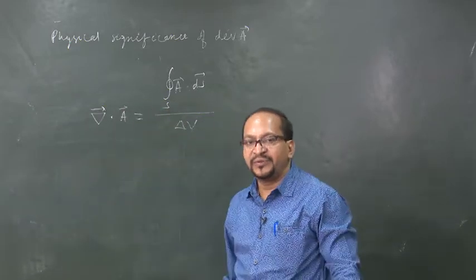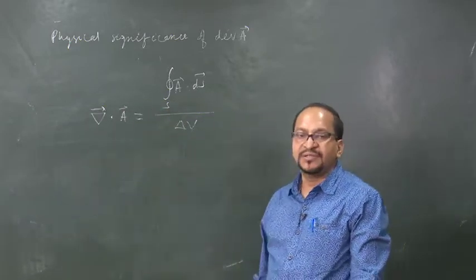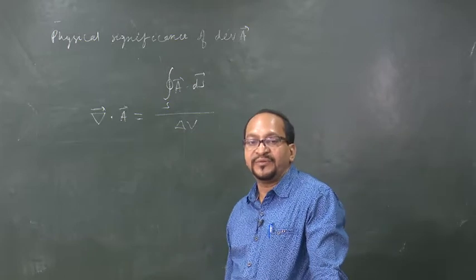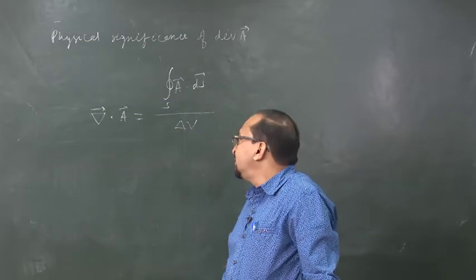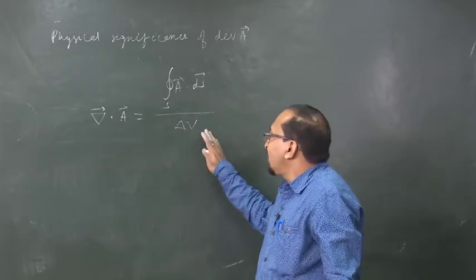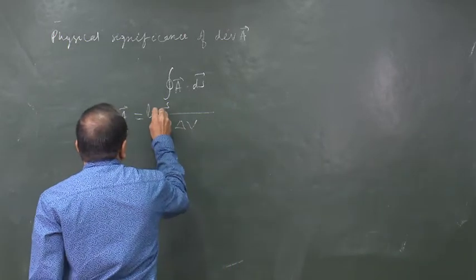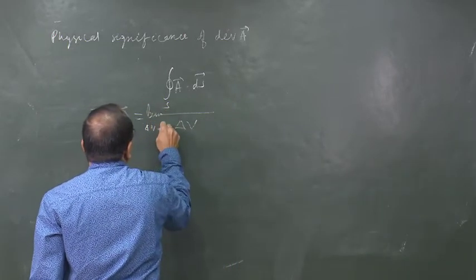This is the physical significance. And we will apply it to Gauss law later to find the divergence of the electric field. Of course, this volume element should be very small, in the limit delta V tends to 0.